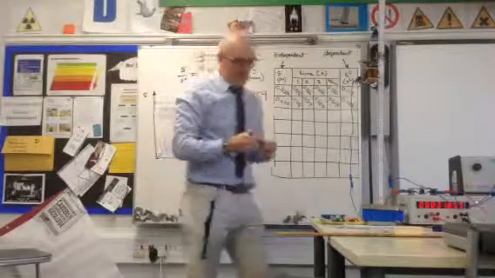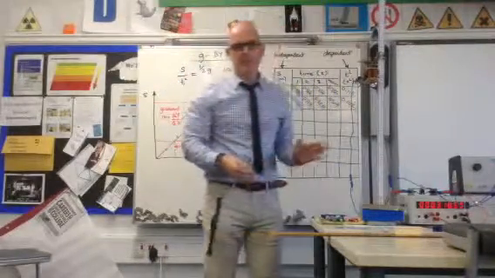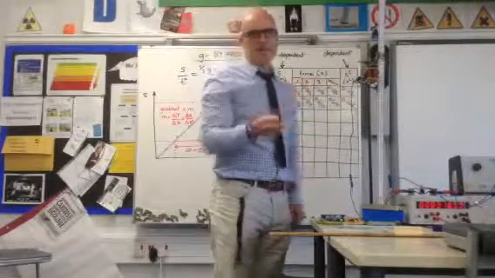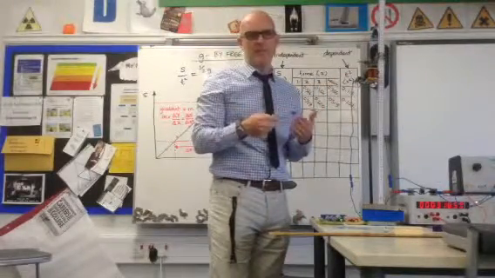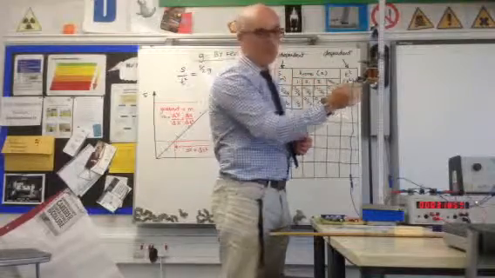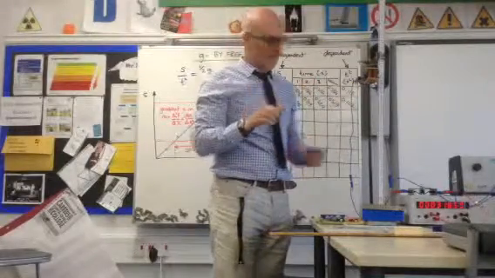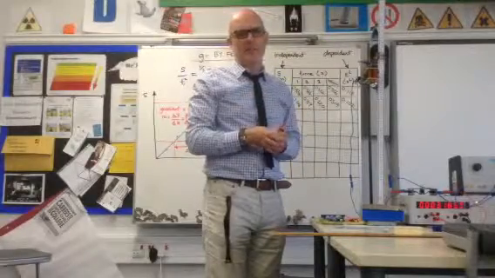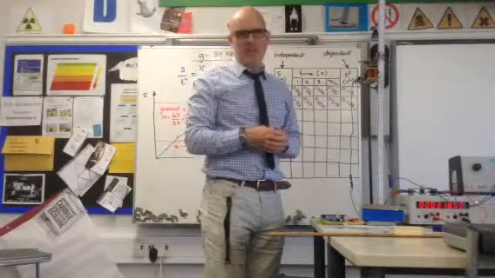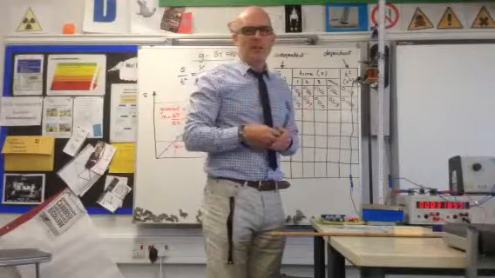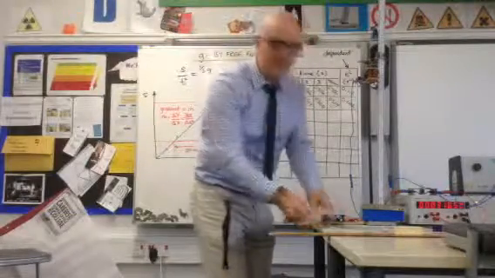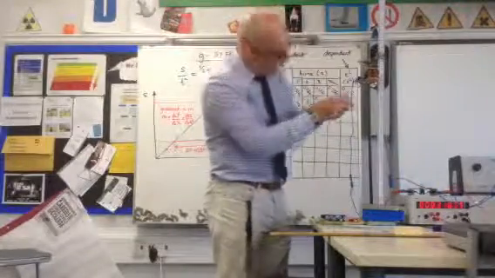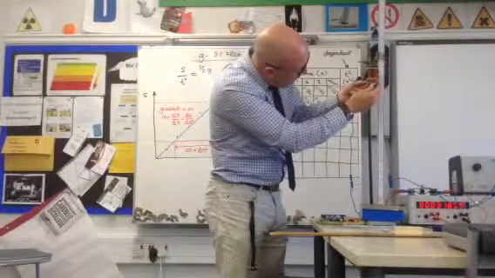Now, how accurate is that time measurement? Well, the problem with electromagnets is that they hold on to their magnetism for a little bit, and it may be that the ball isn't actually falling as soon as I turn the switch off. There's a little bit of what we call residual magnetism, which is making it stick to the magnet for slightly longer than it should do. Now we can combat that by using just something as simple as a little piece of paper, turn the magnet back on, and put this on.